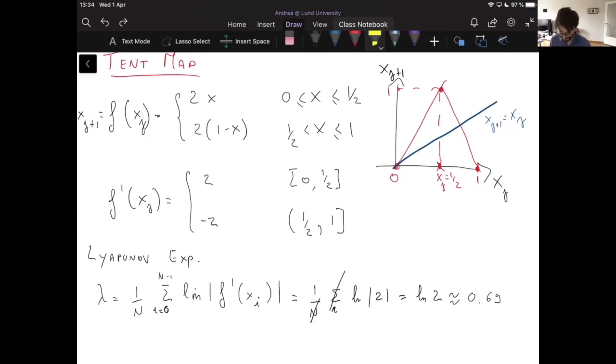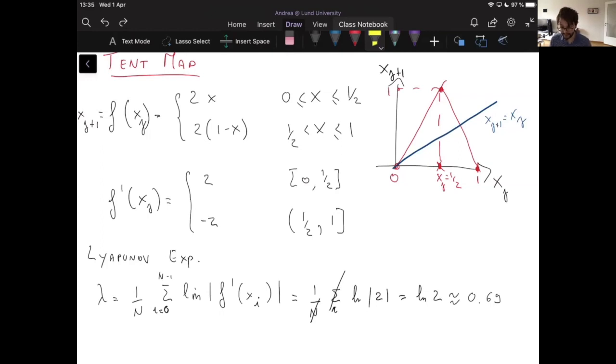Any other ideas on aperiodicity? It doesn't have to imply chaos. That's a really good point. So, first of all, the system can be understood analytically, so it cannot be chaotic. So that's a hard one.